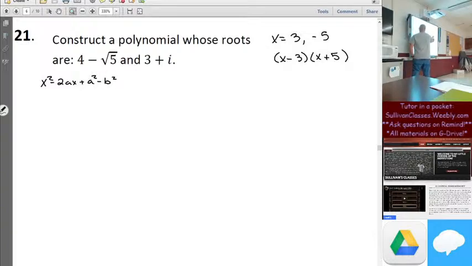This is a complex 0 that has an i: x squared minus 2ax plus a squared plus b squared. I don't have to do all the extra work. I just plug numbers in.